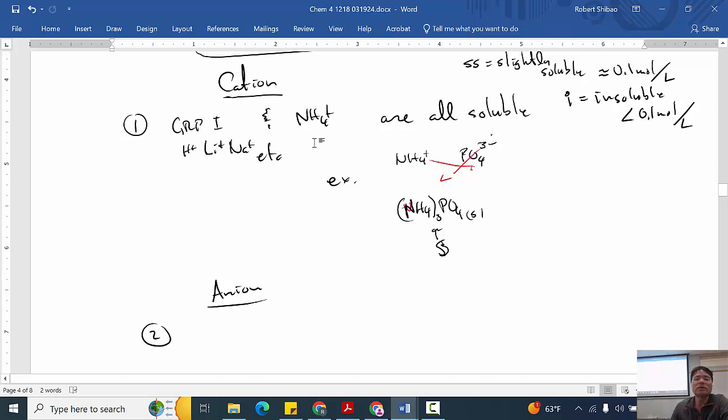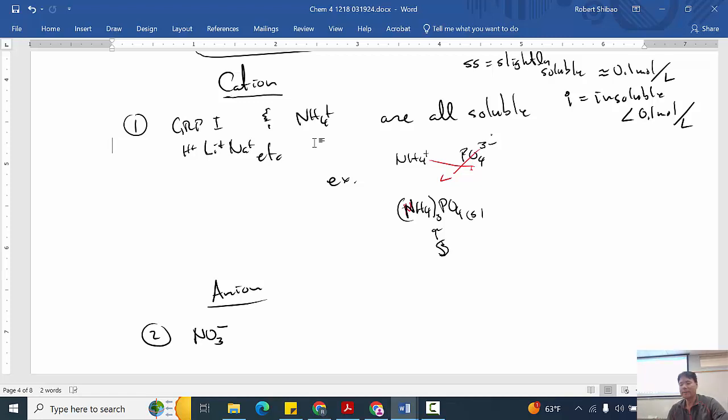If it's not one of these cations, then it's easier to look at the anion. And so the anions that we look at first are nitrate. What's the formula for nitrate? Charge? Nitrate. Acetate. Formula for acetate?